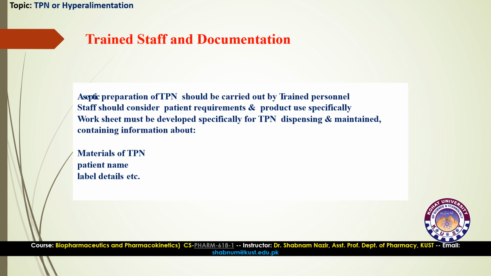So it's not only that they are concerned with the preparation and the equipment used, but they are also responsible for the preparation of TPN in such a way that it is according to the needs of the patients. And moreover, that these products are used properly and are being administered properly. To supervise this is also the responsibility of that pharmacist.